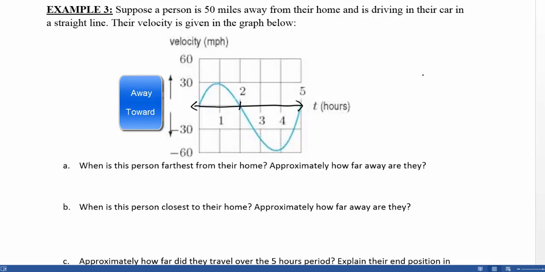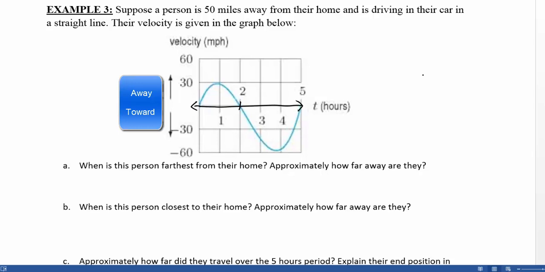So I want you to remember that if we look at the area under a velocity curve, it's going to tell you your change in position. So from time 0 to time 2, the area under the curve is positive, which means that my distance away from home is increasing.